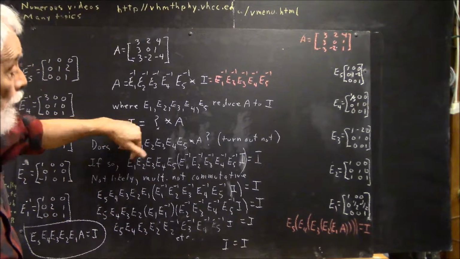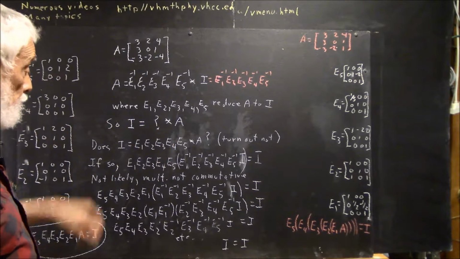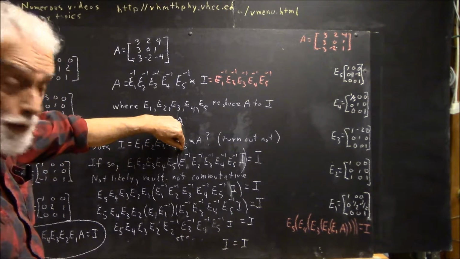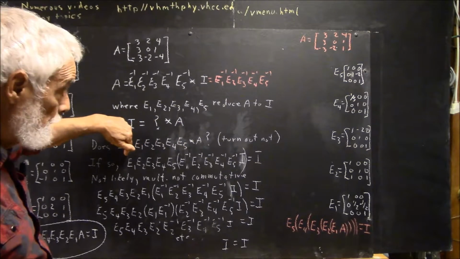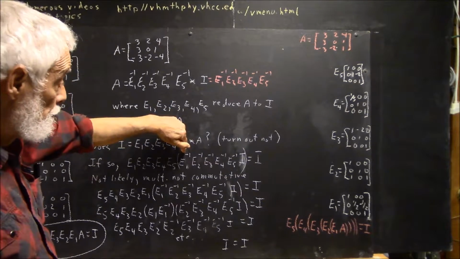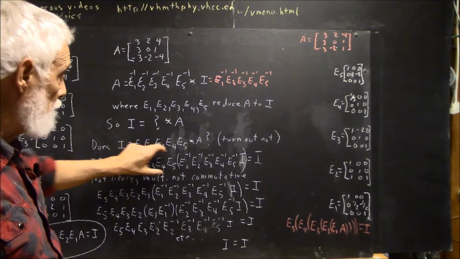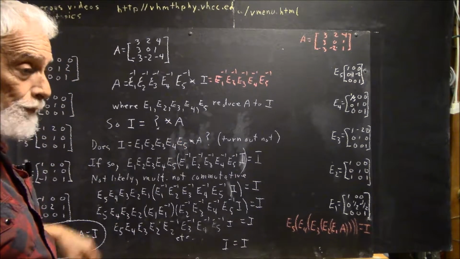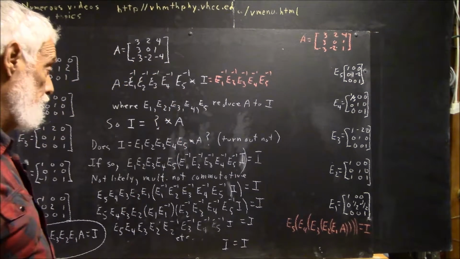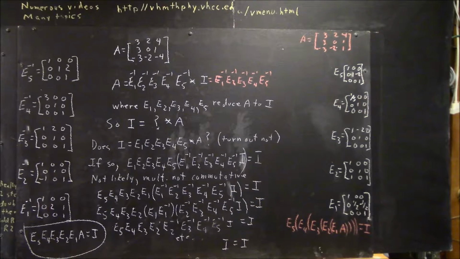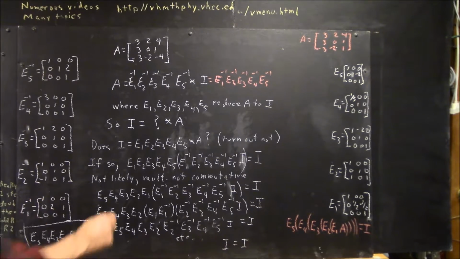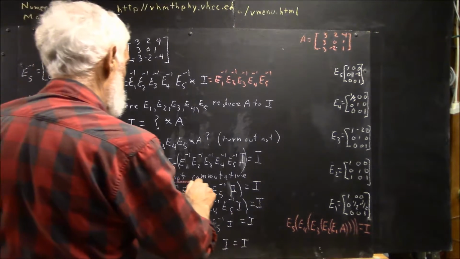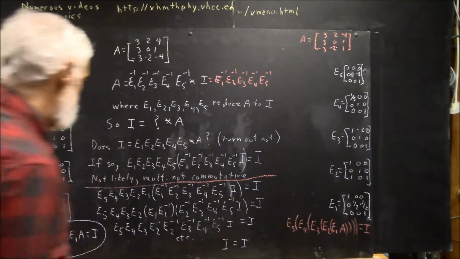You can't change the order of any of these operations in order to get E1 next to E1 inverse. And E1 has to be multiplied by E1 inverse, not by a bunch of other matrices times E1 inverse, in order to get the identity. So it doesn't work. I say it's not likely that that's going to work because multiplication is not commutative.